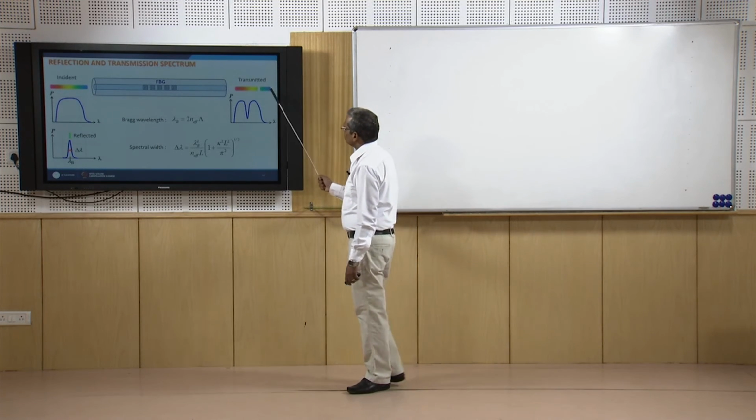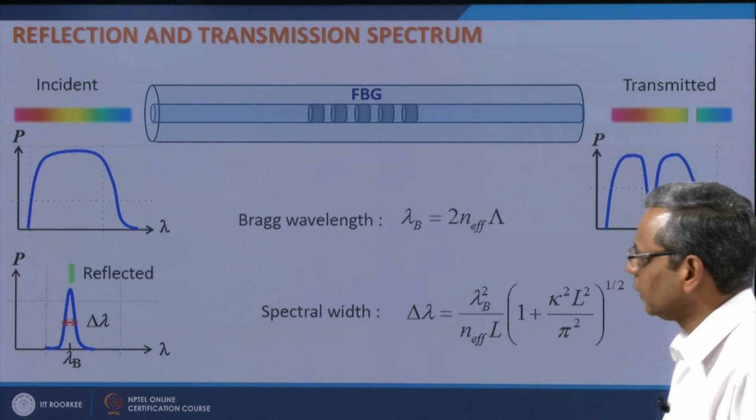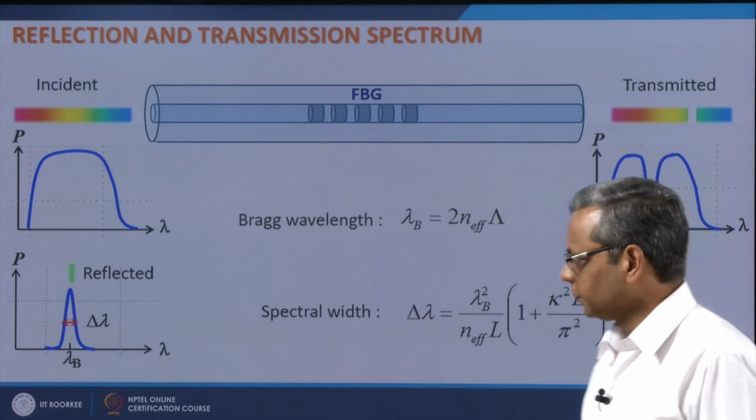So, in the transmitted spectrum, this wavelength lambda b would be missing, and in the reflection spectrum this wavelength will appear.